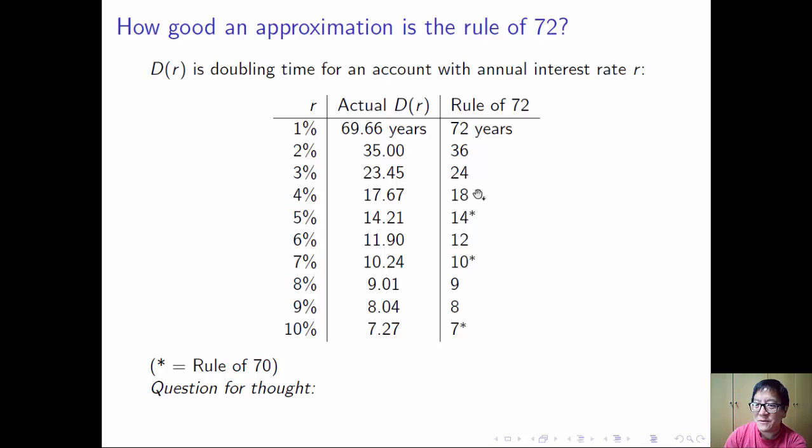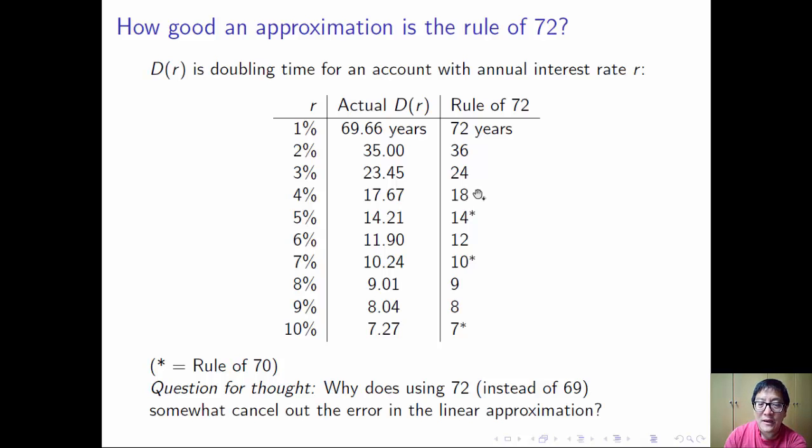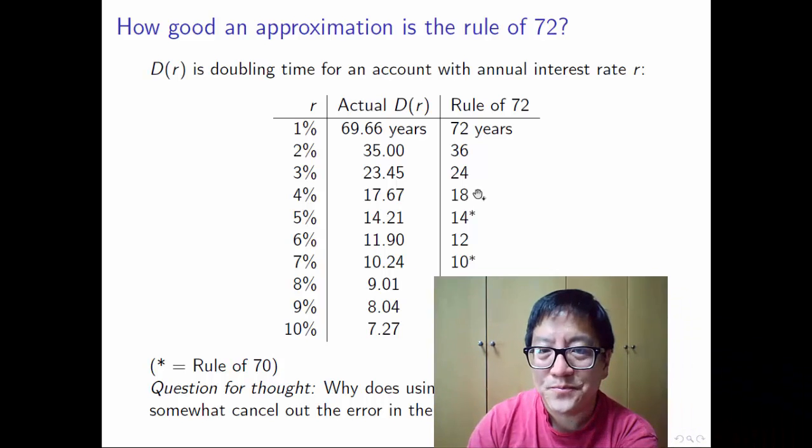So it must be the case that using 72 instead of 69 somehow cancels out the error in the linear approximation. There's one error that you get from taking the linear approximation, and another error that you get by approximating 69 with 72. I leave it to you to think about, and that overestimate and underestimate idea is the key point, why it is that these two errors somehow cancel each other out.